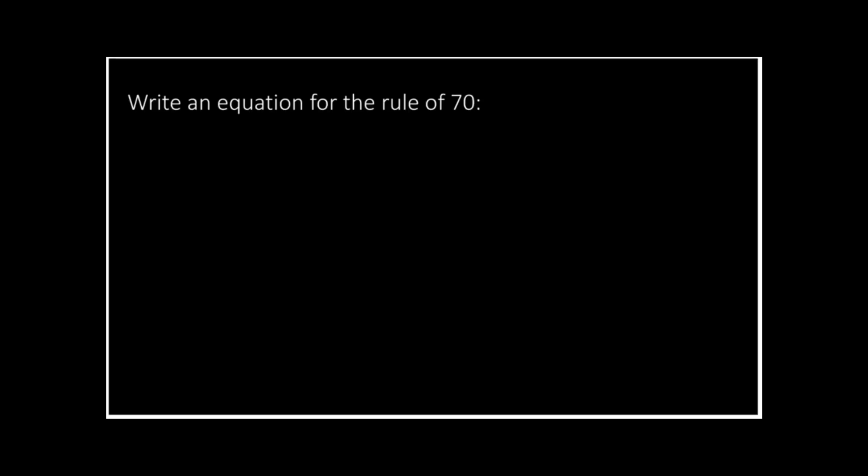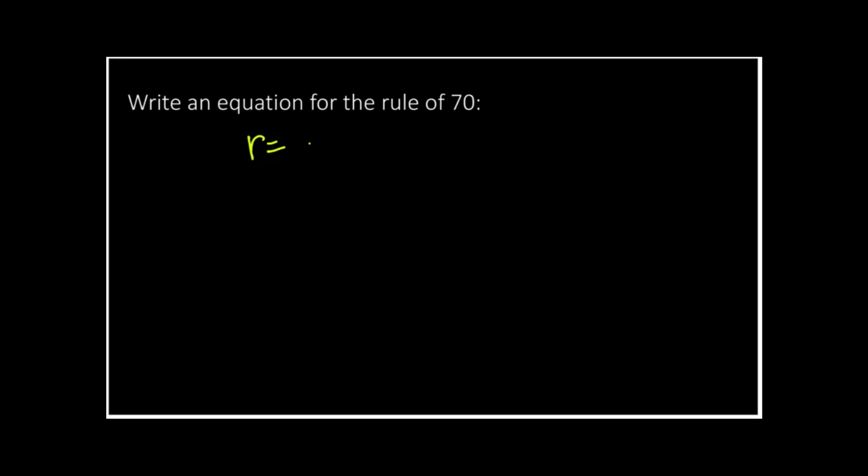Onward. Okay, so the rule of 70 is something we use to find the doubling time. It's a really interesting little equation. I'm not sure who came up with it, but it was really smart. Sorry, this should be the growth rate. I'm all excited about doubling time.